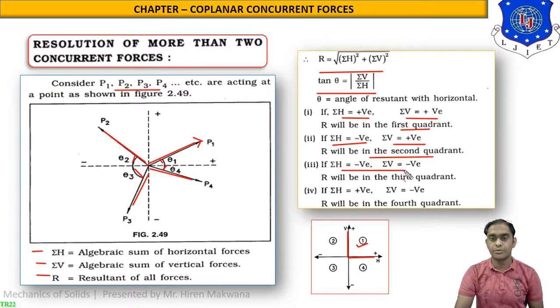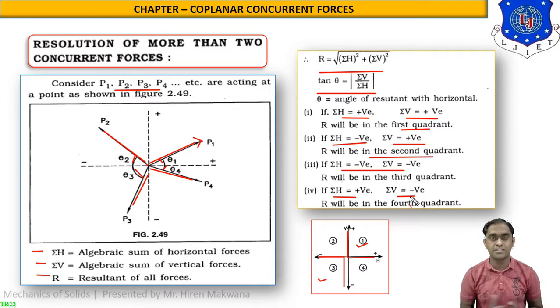If both are negative, then the resultant will be in the third quadrant. If sigma H is positive and sigma V is negative, then the resultant will be in the fourth quadrant. You are very clear on this. There are four quadrants for the positive and negative values of sigma H and sigma V respectively.